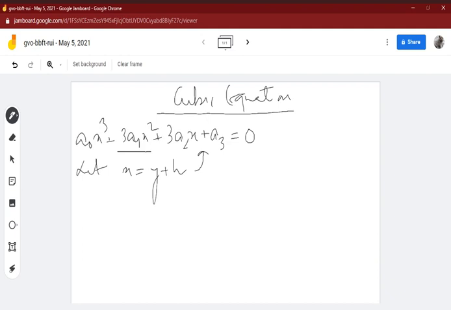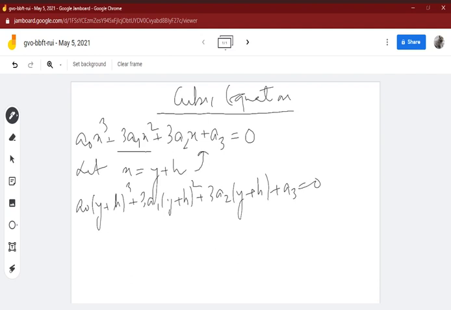The transformed equation should not have the second term. So if you substitute the value of x, you get a0 (y plus h) whole cube plus 3a1 (y plus h) whole square plus 3a2 (y plus h) plus a3 equals 0.